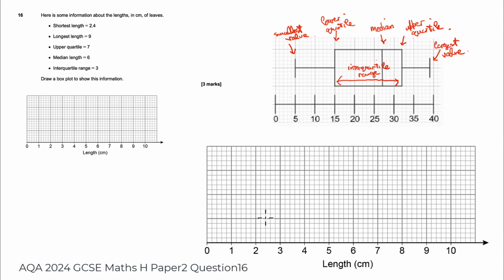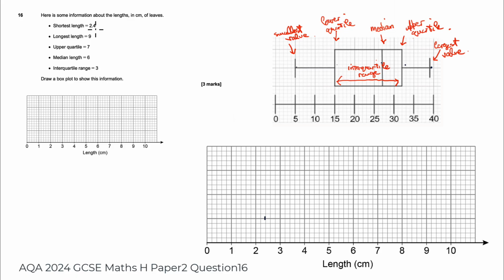Now I'm just going to put little marks down just to try and get these 5 statistics that were possibly given here on a number line, and then we'll be able to draw the box plot once we know them.